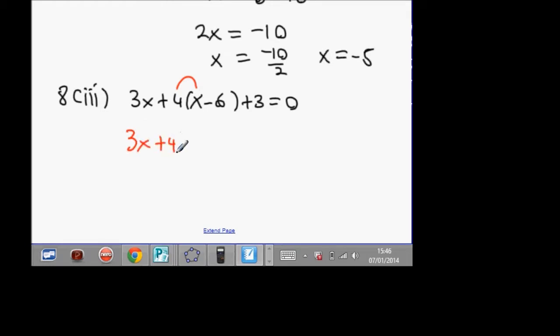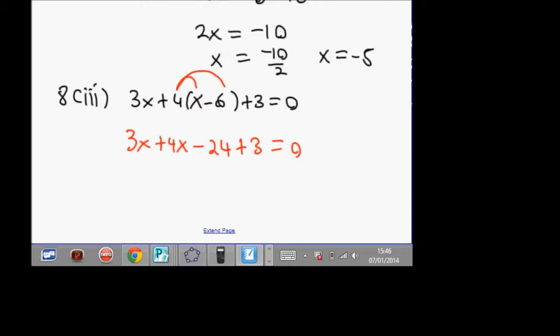Well done. And the 4 by 6, so you get 24. 4 by 6 is, just count up in 6s. 6, 12, 18 and? 24. Is it a plus 24 or a minus 24? It's minus. Okay, good man. And then plus 3.